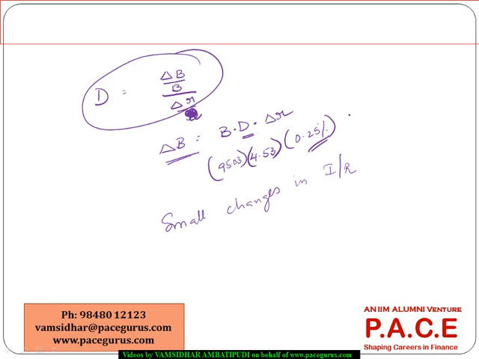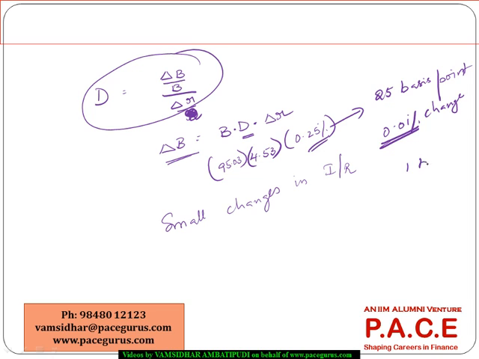This 0.25%, just as a notation, sometimes we write it as 25 basis points. A basis point is a term which corresponds to a 0.01 percentage change, especially if the changes are very minute like this. We quote them in the form of basis points, not percentages.